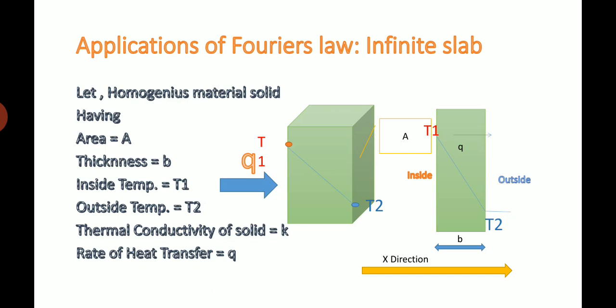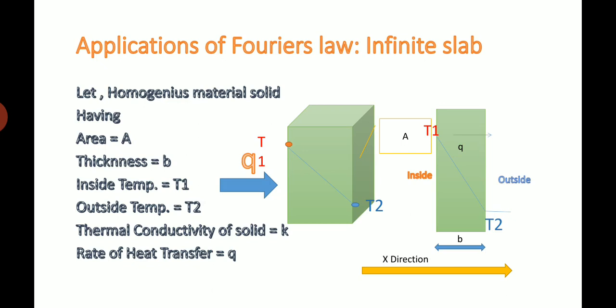Since T1 is high temperature and T2 is low temperature, and A is the area perpendicular to the heat flow. Always remember that the T1 side, the high temperature side, is considered the inside, and the T2 side is the outside or surroundings.